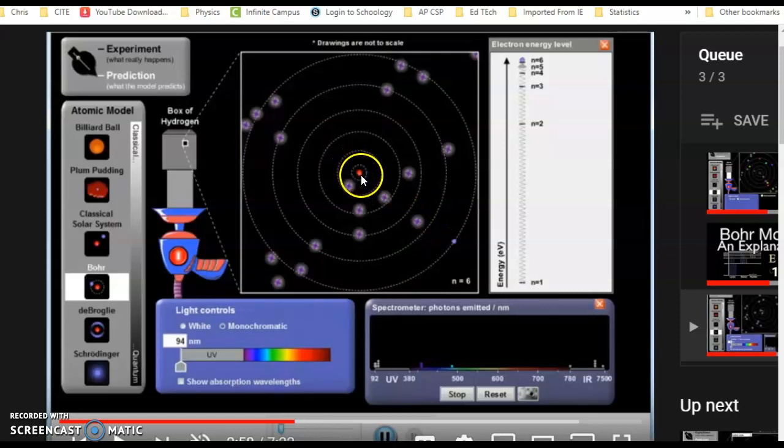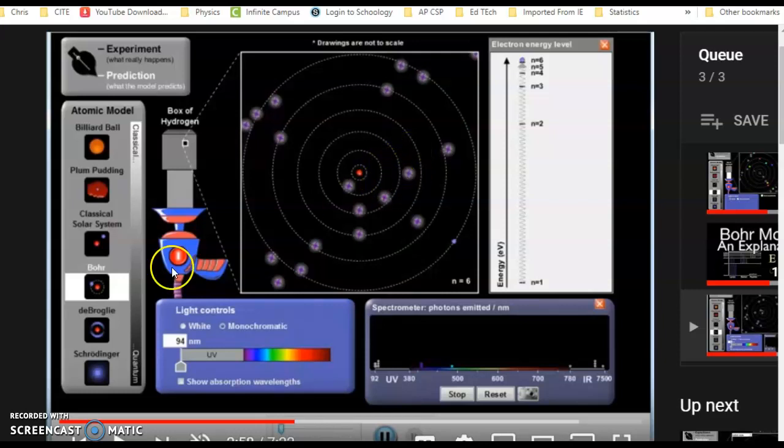So if the photon doesn't have just the right amount of energy, that photon won't be absorbed and it won't cause a transition. That's why only very specific frequencies of light are absorbed when photons are incident or coming in on an atom.